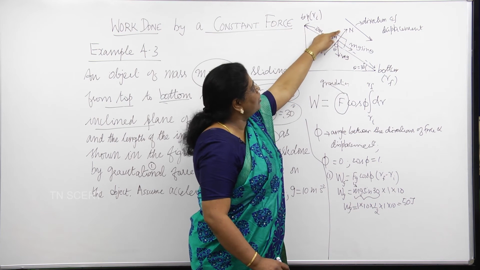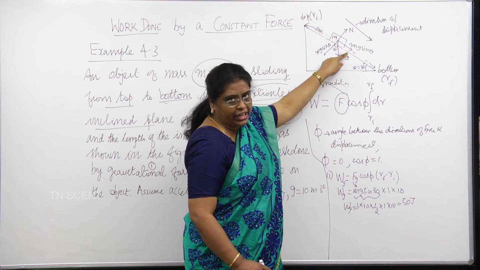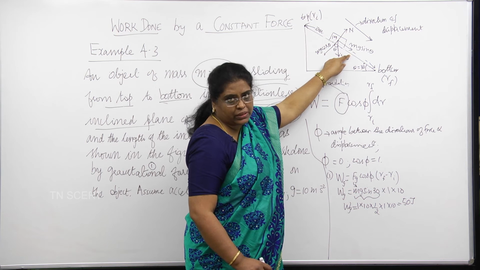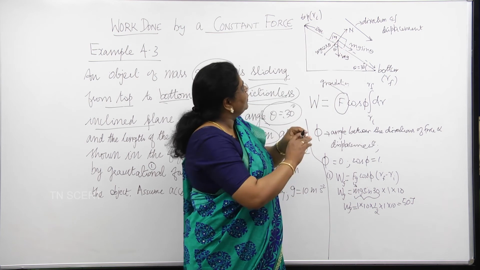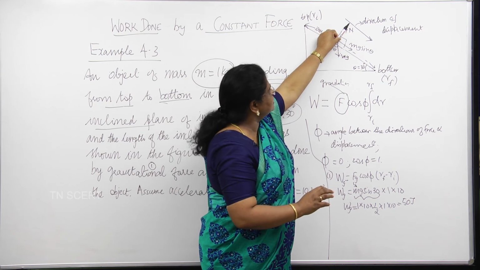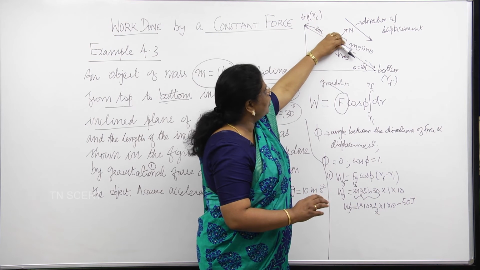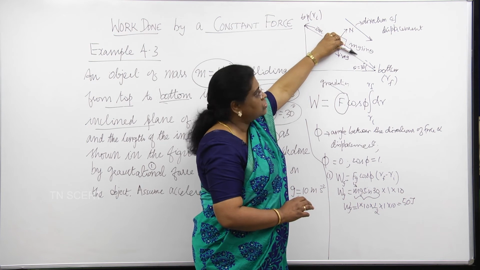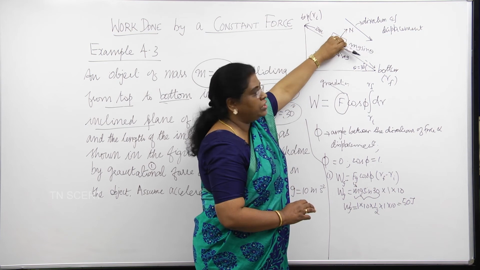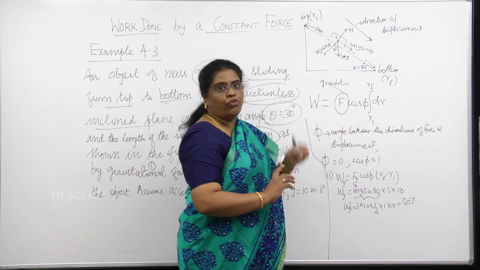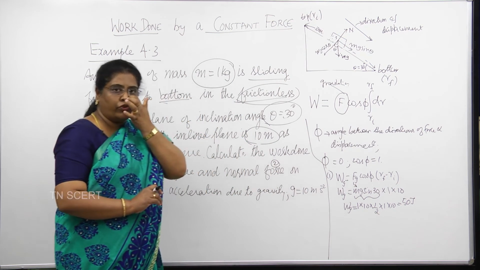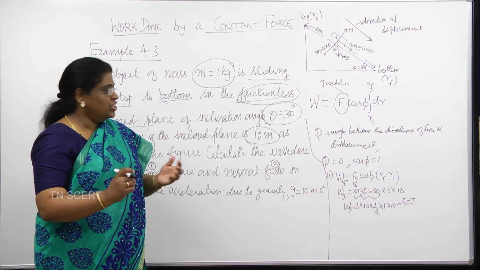Therefore, the normal force is perpendicular to the displacement, so the angle between them is going to be 90 degrees. Therefore, the work done by the normal force on the sliding object is 0.